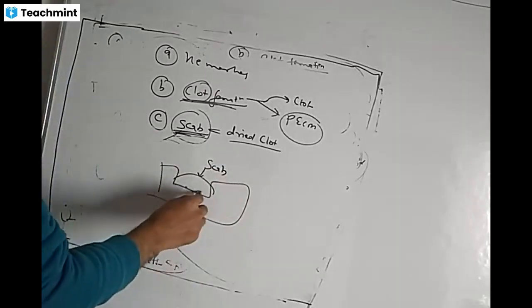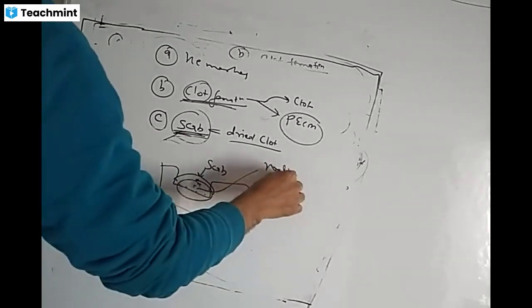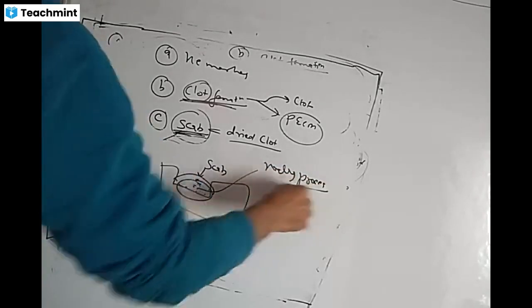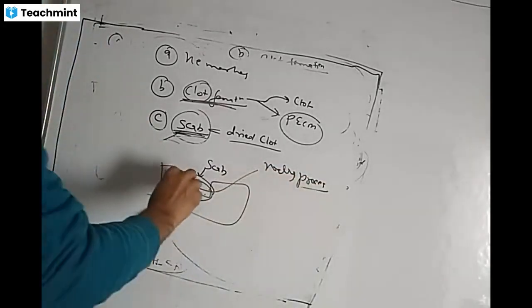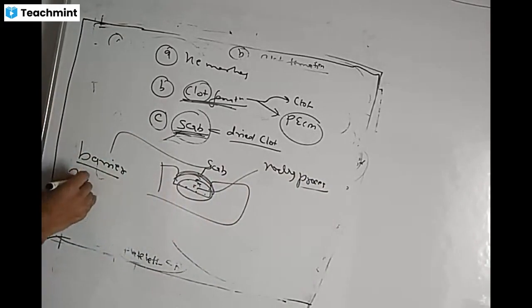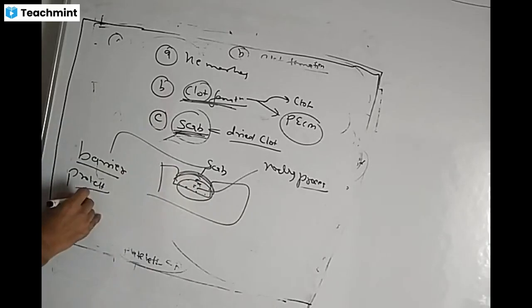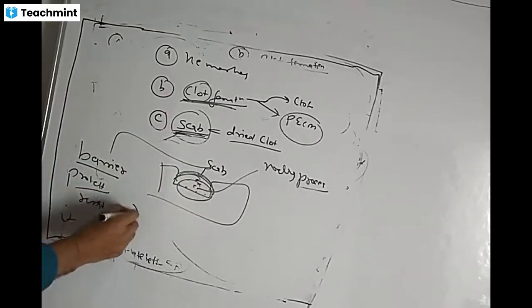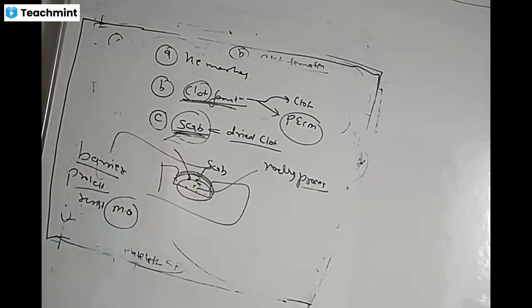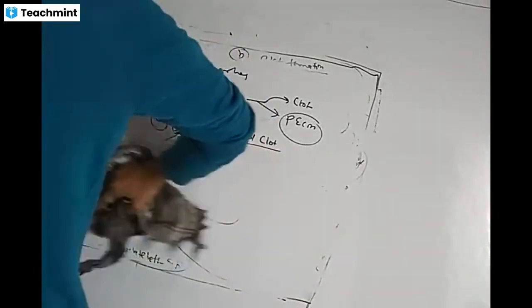Under the surface of the scab, there is healing process. The healing process will proceed under the surface. It means this scab is acting as a barrier. It protects the healing environment. It resists microorganism entry. So the whole process is ongoing below the surface of the scab.